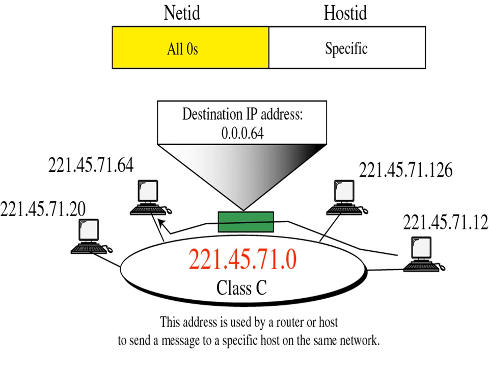So for this we made it 0.0.0.64. This belongs to class C. The network address is 221.45.71.0, and these are the addresses which belong to this network address. So the destination IP address is 0.0.0.64.